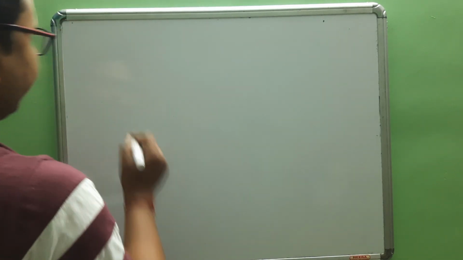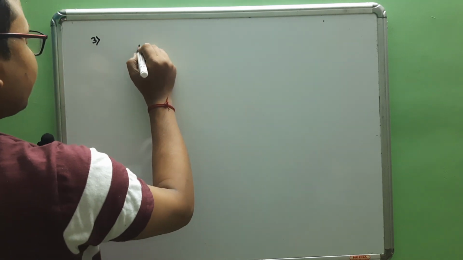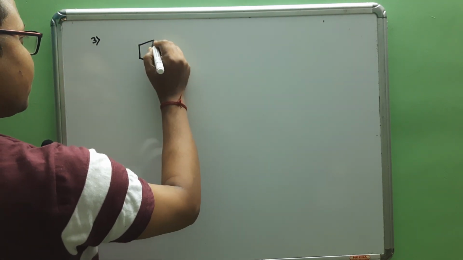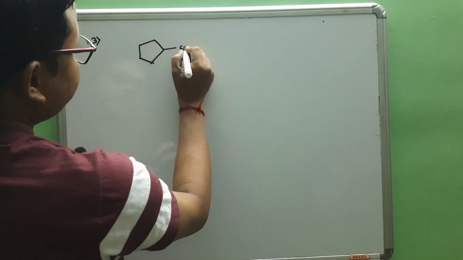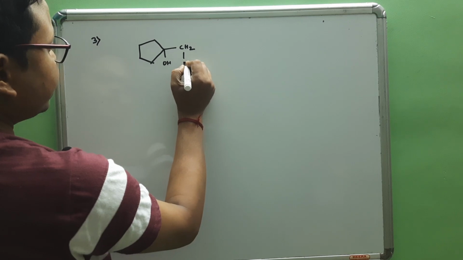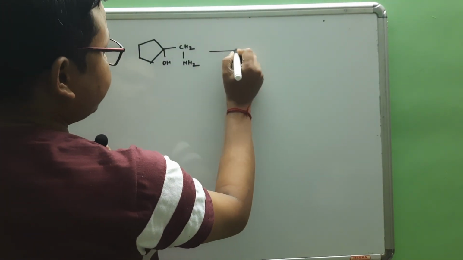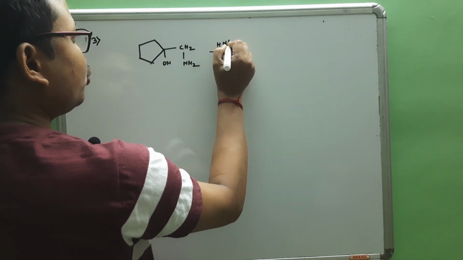So if this is CH2, this is OH, and this is NH2. Okay, so this compound is treated with HNO2.